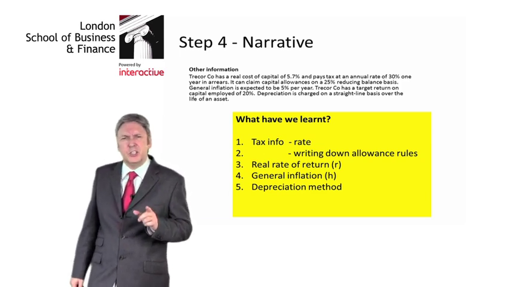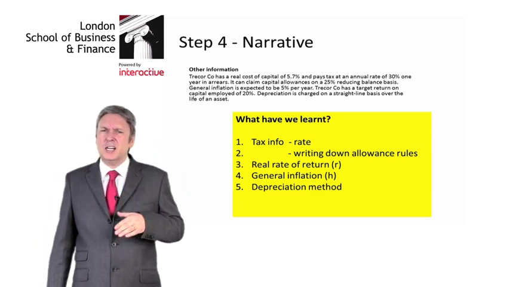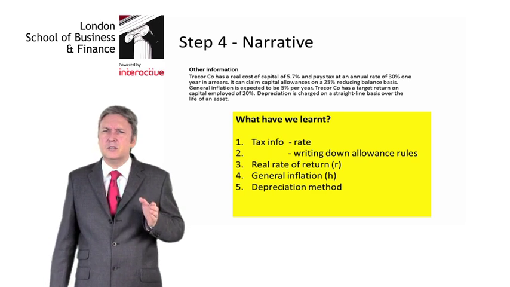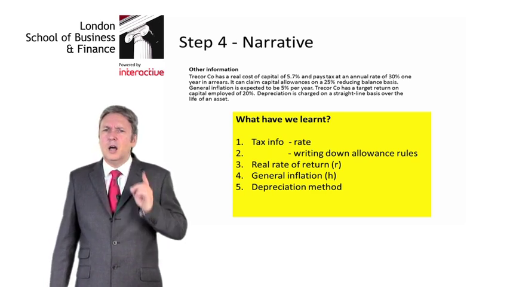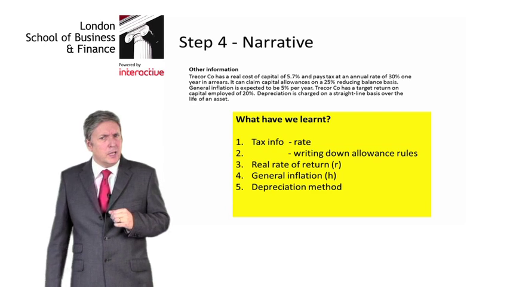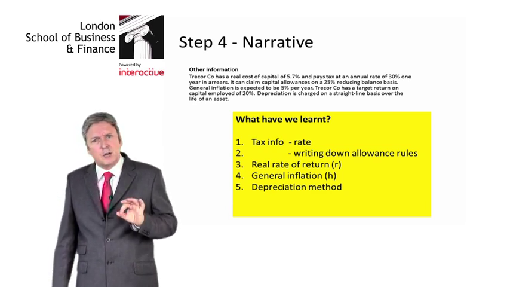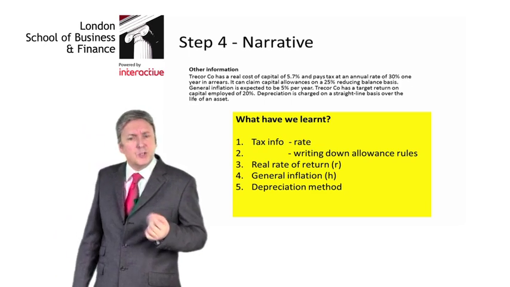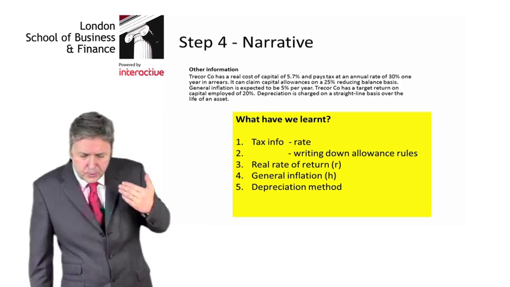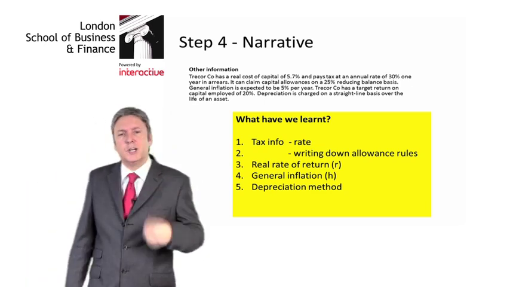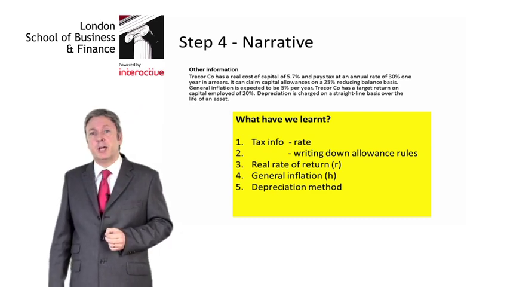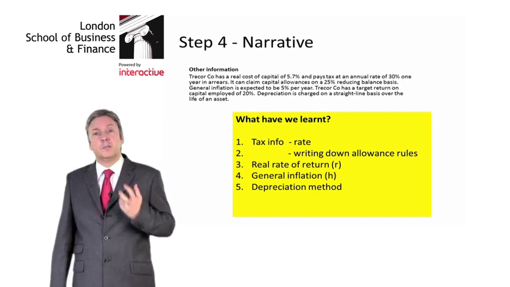Why are we given depreciation? Because we're calculating a net present value. If you remember, Part B required a return on capital employed, and the return on capital employed is a profit measure. So presumably, both the target return on capital employed and the depreciation information help us with Part B.